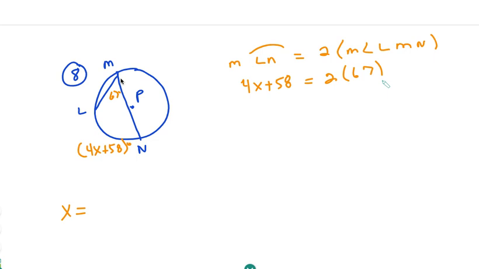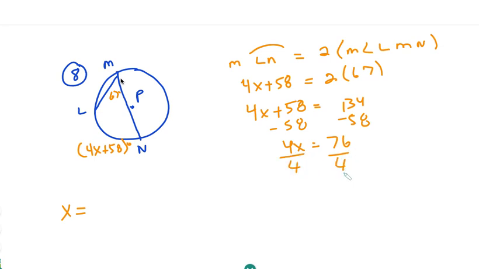So 67 times 2 is 134. So 4x plus 58 is equal to 134. Zero pair out the 58. 4x is equal to 134 minus 58, 76. Divide by 4, divide by 4. And x is going to equal 19.